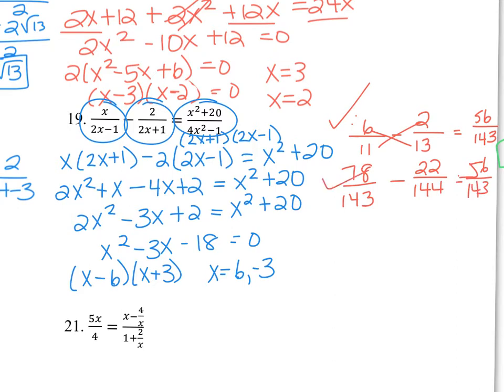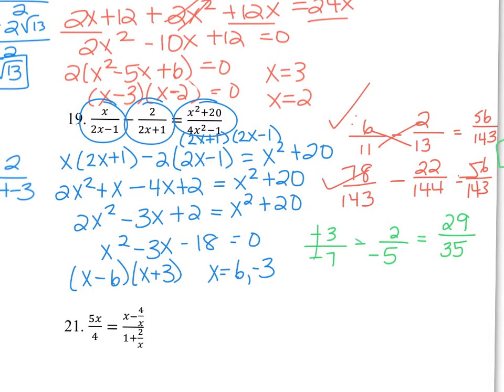So now if I check negative 3, I have negative 3 over 2 times negative 3 is negative 6, minus 1 is negative 7, minus 2 over 2 times negative 3 is negative 6 plus 1, which is negative 5, equals negative 3 squared is 9, 9 plus 20 is 29, over negative 3 squared is 9, 9 times 4 is 36, minus 1 is 35.